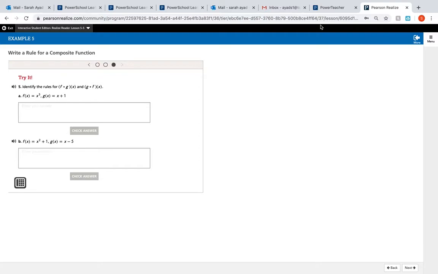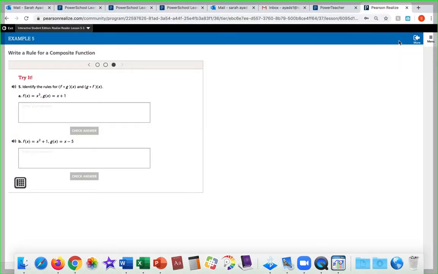All right. So, notice here it's asking us to find both f of g of x and g of f of x. So I'm going to do both for each problem. So we have f of g of x. f of g of x is saying take f, something cubed, take out the x, and put in g of x.